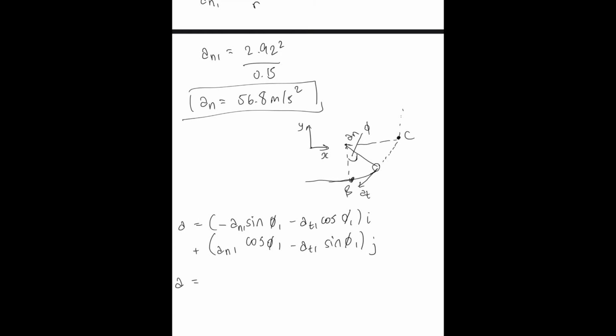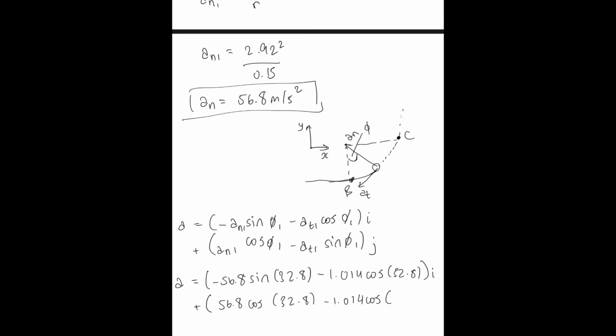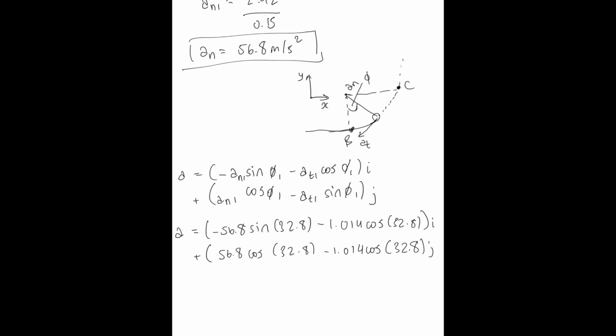So if we plug in the known values that we have, and calculate for the acceleration, we get minus 31.6 i plus 46.9 j meters per second squared. And this is the final answer for part A.